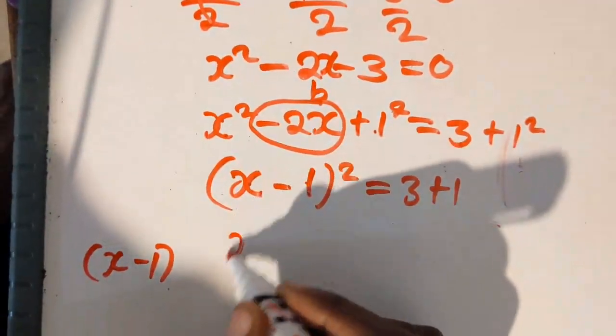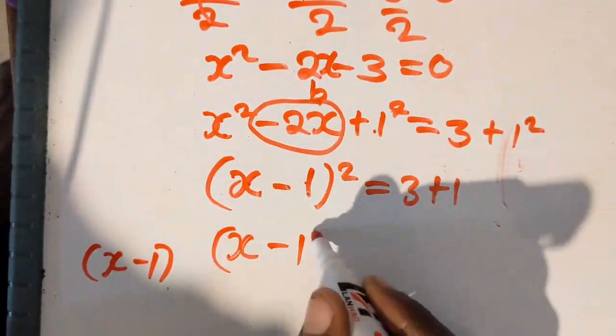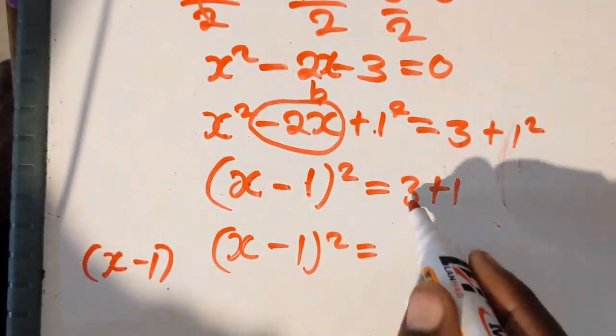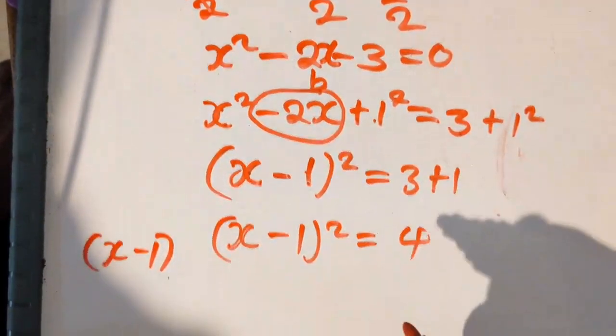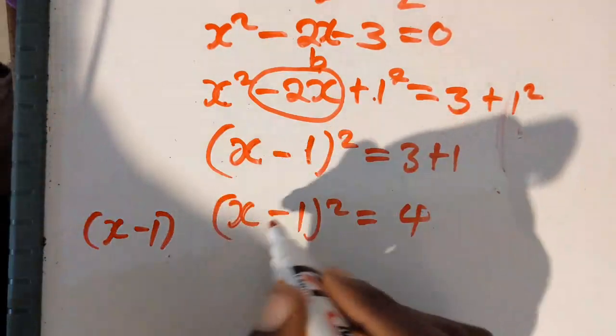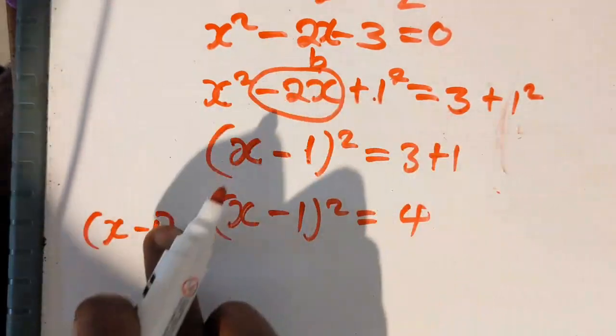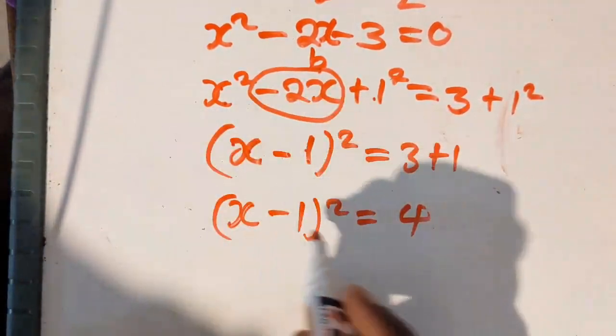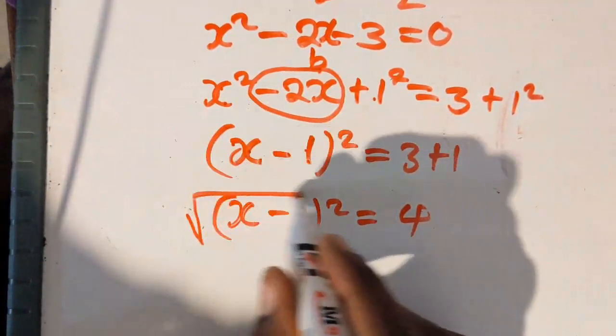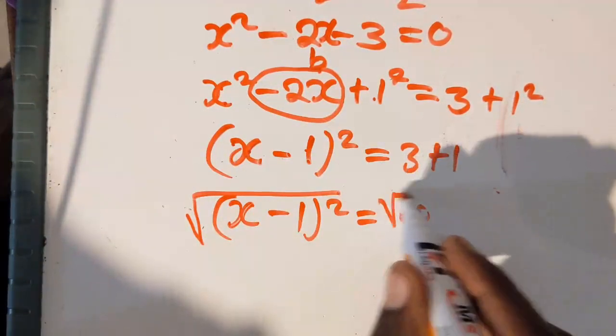So x minus 1 squared is equal to 4. To get rid of the square, we introduce a square root on both sides.